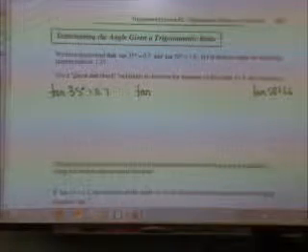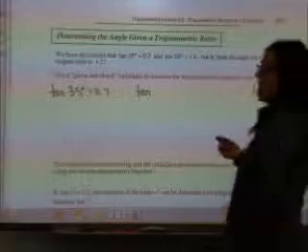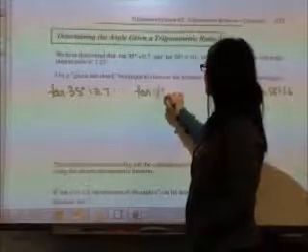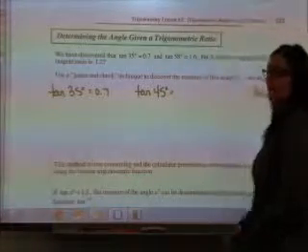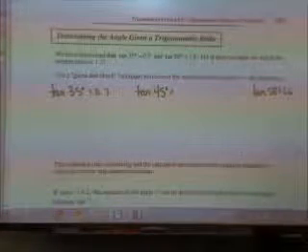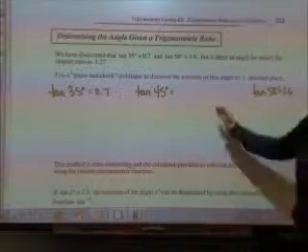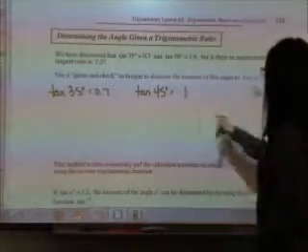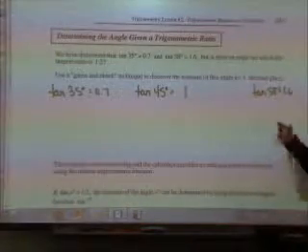What's halfway between 35 and 58? About 45. What's tan 45? 1. Okay, so now I'm between tan 45 and tan 58.